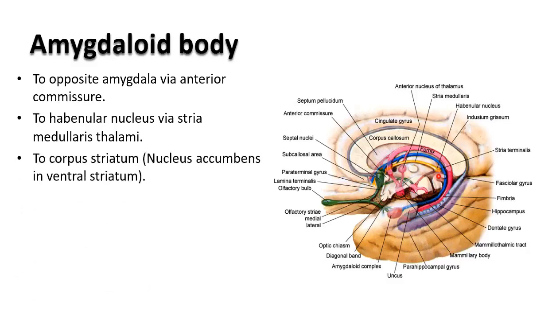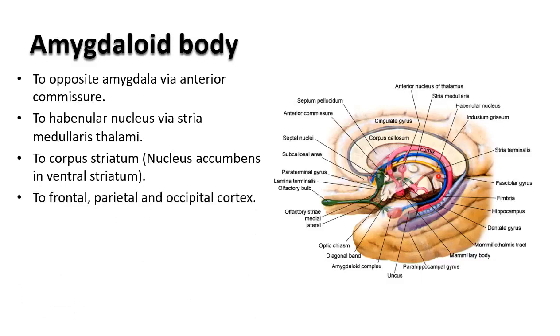So I told you that in the anterior part of the ventral striatum you have a certain nucleus called the nucleus accumbens and the zona incerta. So to that it connects. So it indirectly influences the pallidum. The amygdaloid nucleus has an indirect control over the pallidum because from the corpus striatum it projects to the pallidum.